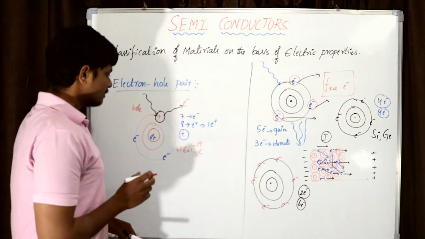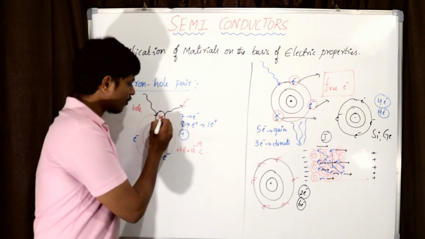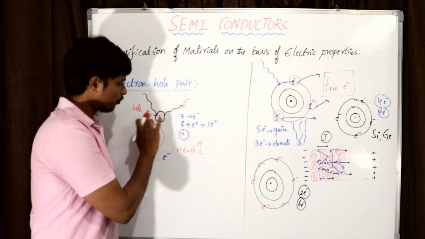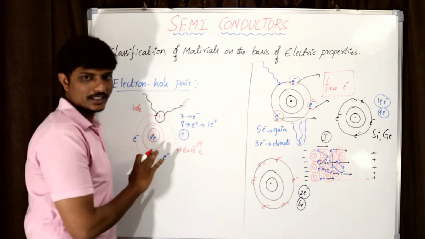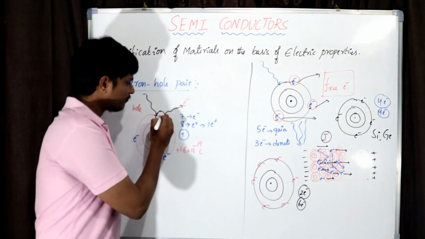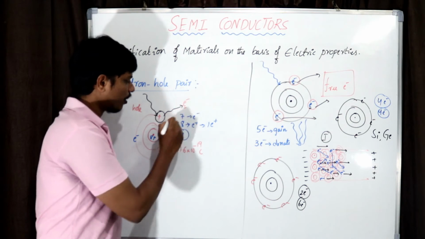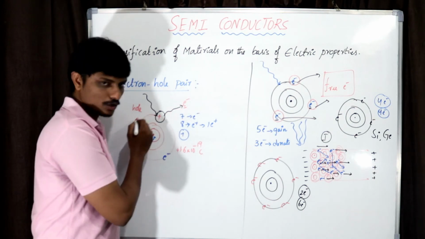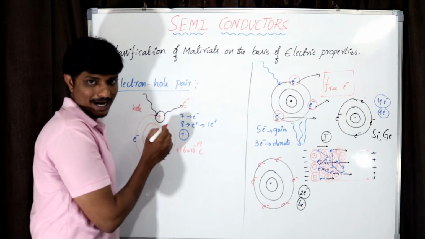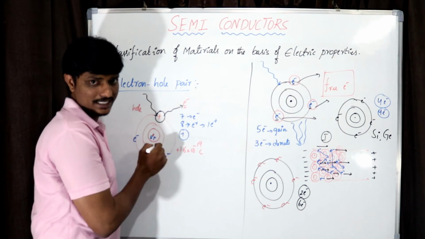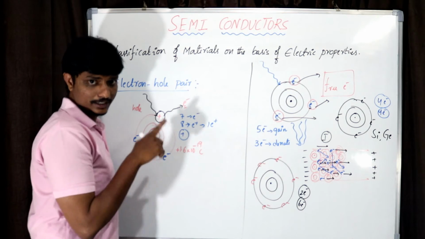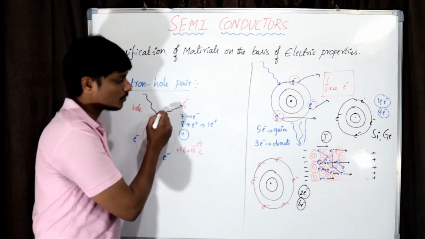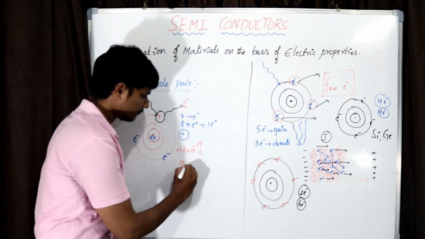And see clearly, if an electron was there in the atom, the total mass of the atom is well balanced. Whenever an electron moves out of an atom, how much mass has this atom lost? The mass of the atom lost is the mass of an electron, right? Therefore, the mass of a hole is equal to the mass of an electron.